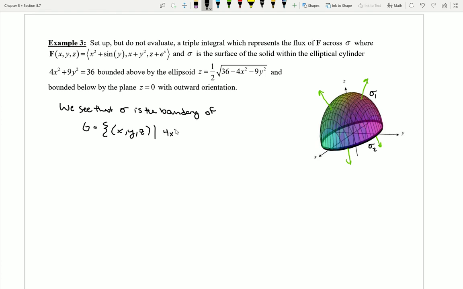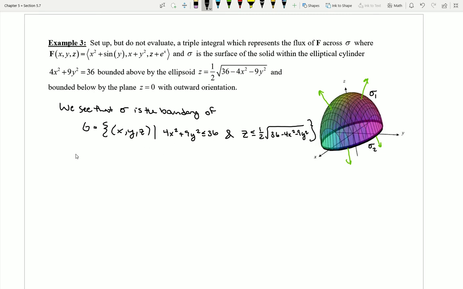We would need 4x squared plus 9y squared to be less than or equal to 36. Again, that's going to make it so I'm only dealing with points that are on this bottom ellipse or inside of it. And I'm also going to need to have that things are below this ellipsoid. So this z has to be less than or equal to 1/2 times the radical that's given here. So this is my solid G.